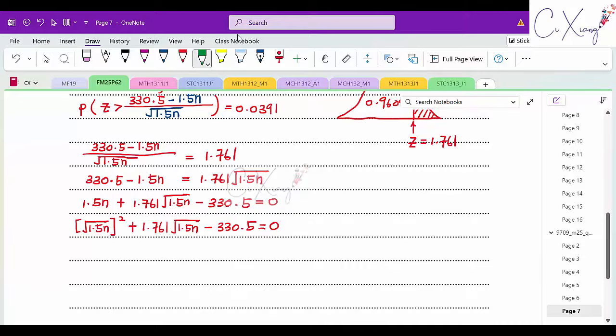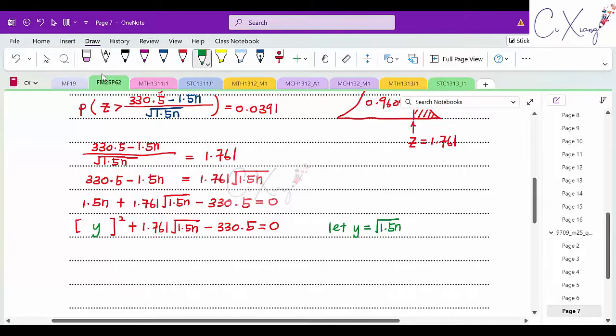If you still can't see it, assume that square root 1.5n is a y. So I'm having y squared plus 1.761y minus 330.5 equals to 0. I think this is clear enough, right? It is actually a quadratic equation.